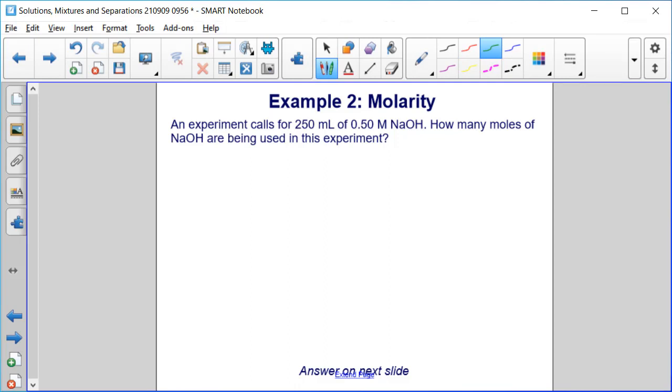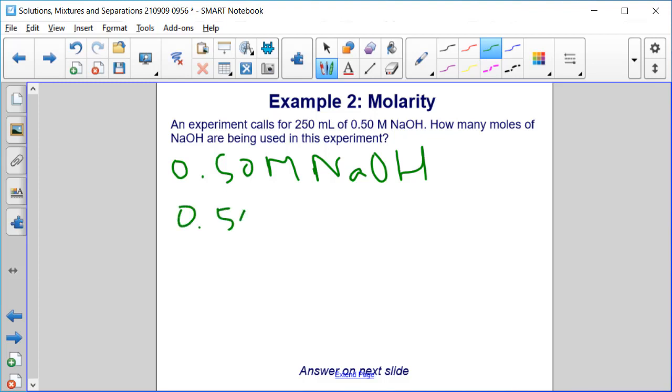Okay, so I just want to point out some of the things we know. We have 0.50 molar NaOH. We have to remember that this is the same as 0.50 moles per liter of NaOH.